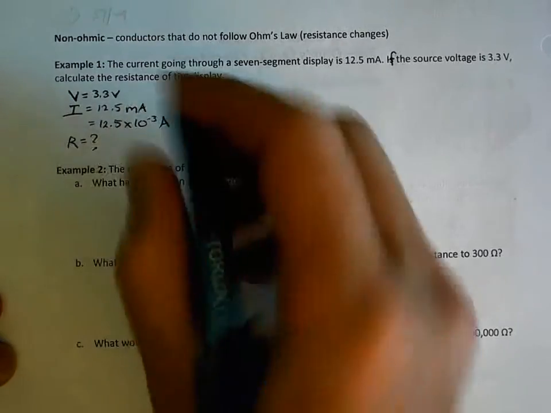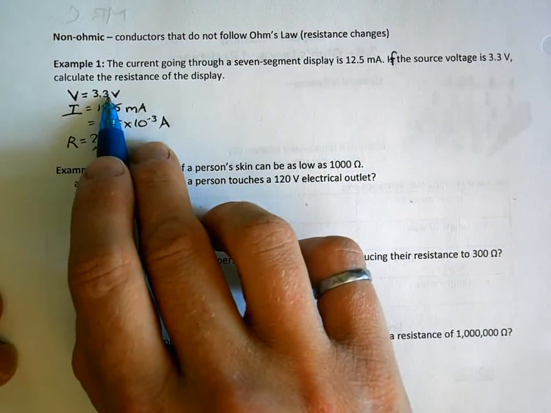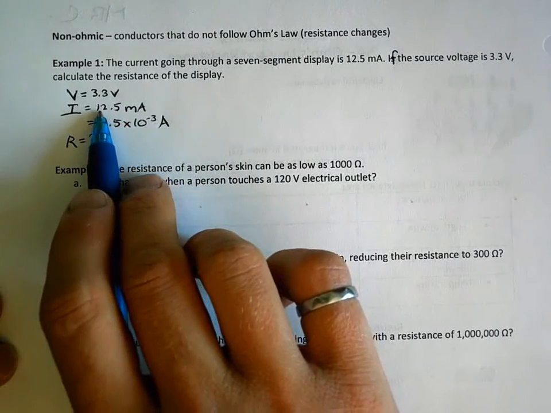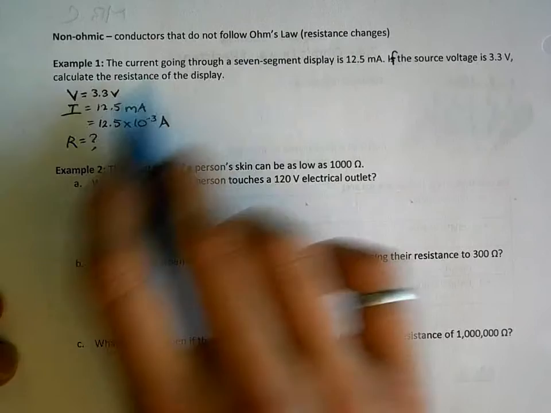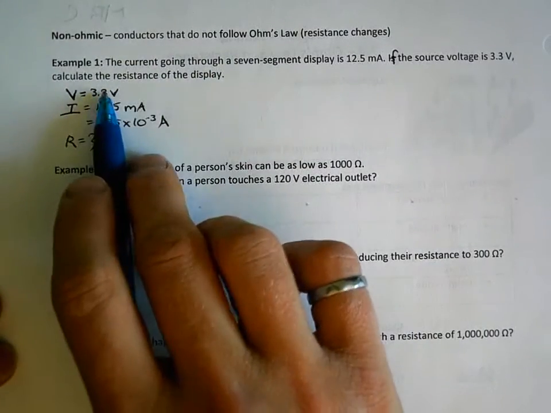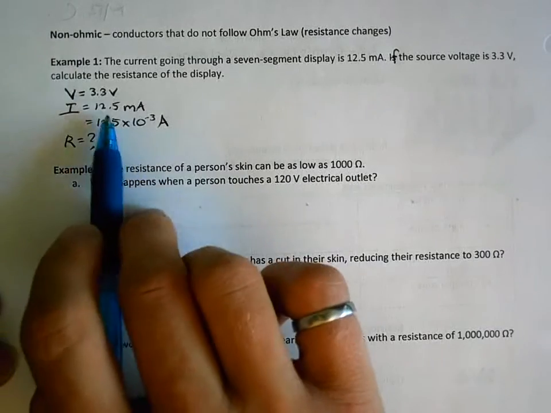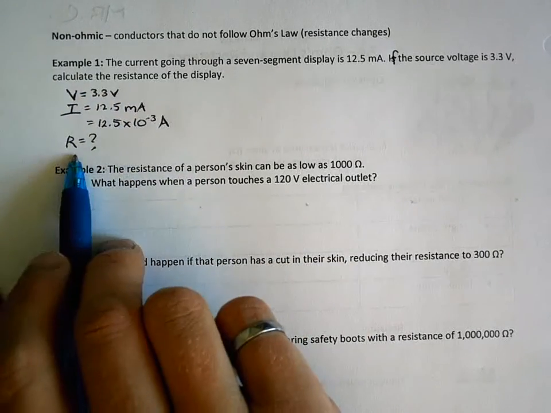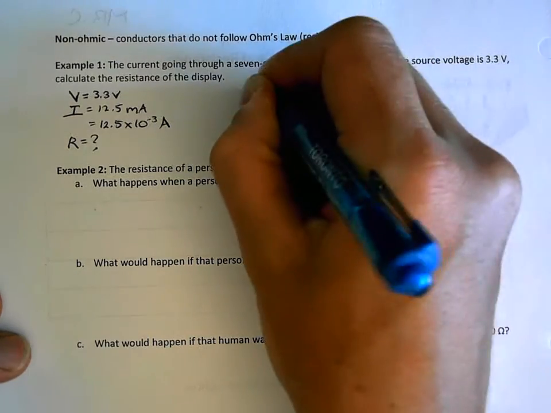Think about this. You've taken this light-up display and connected it to a voltage, and a certain amount of current will flow. The resistance of this display is fixed, the voltage is fixed, and the current comes out of those two things. So if I know the current and the voltage, I should be able to figure out the resistance. I use my formula V equals IR.